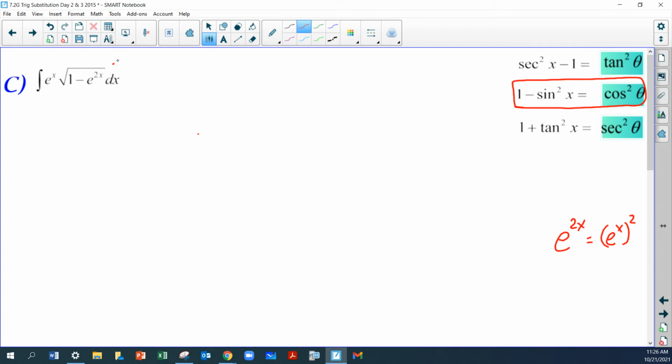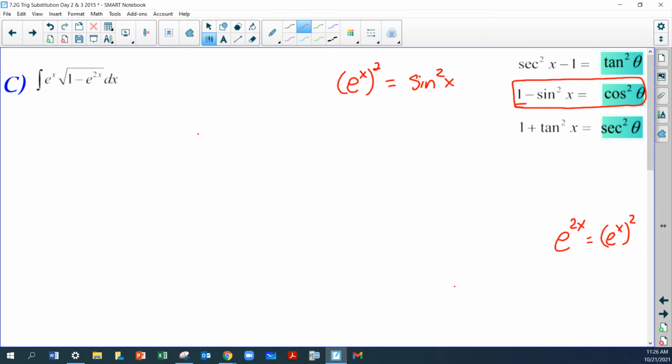Oops, that's weird. All right, let's try. So we said we're going to let our u squared, no, what's with u squared? That's not the right start. E to the x quantity squared is going to be set up as a sine squared theta.